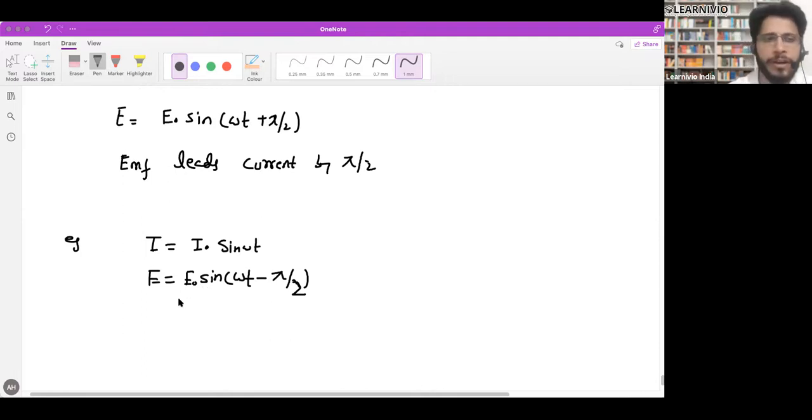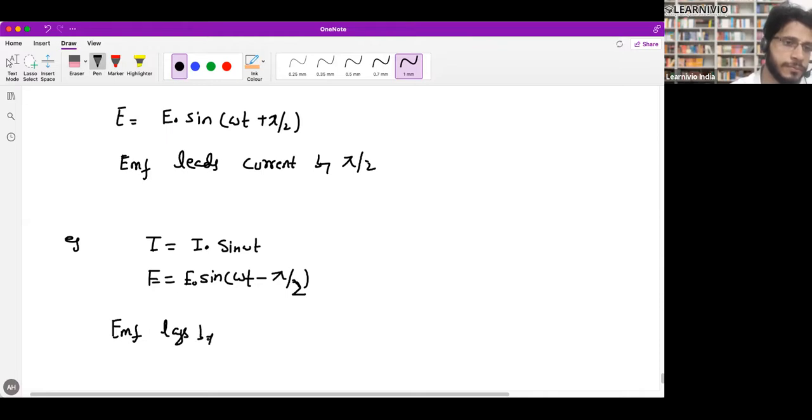Which one has the greater phase? I. So E has less phase than I, right? Can you tell me which one lags? E. By what angle? By pi by 2. So I can write this as EMF lags current by pi by 2.